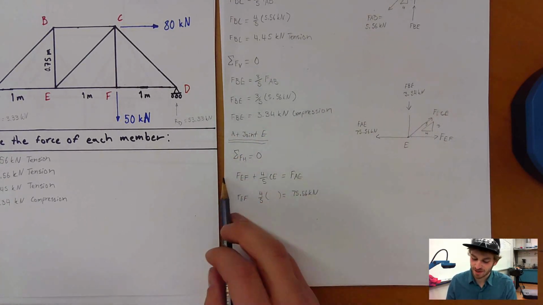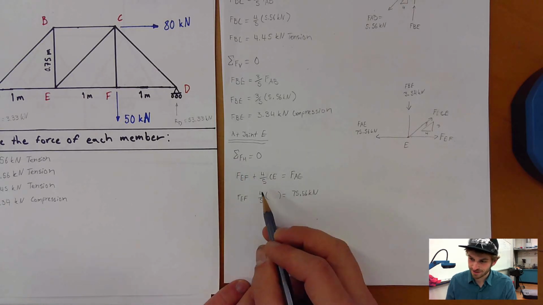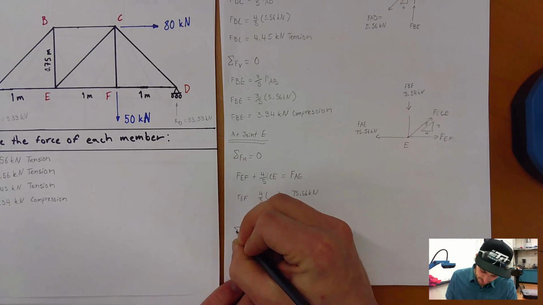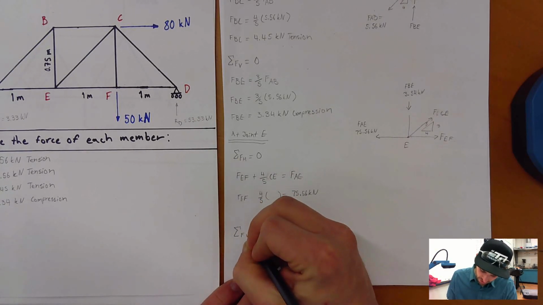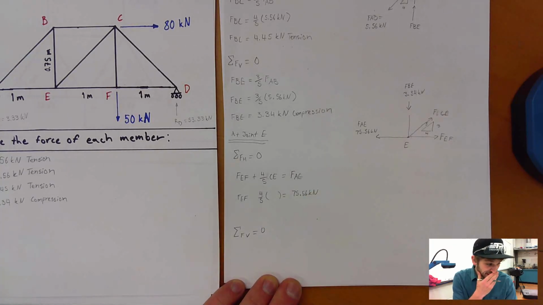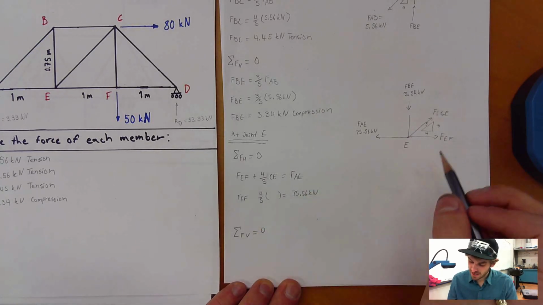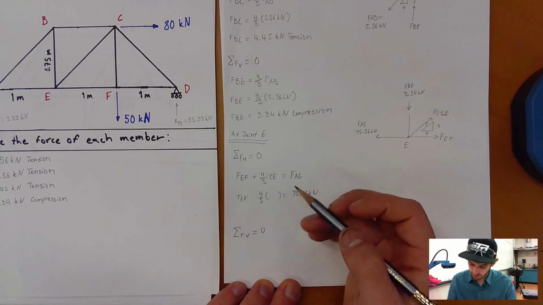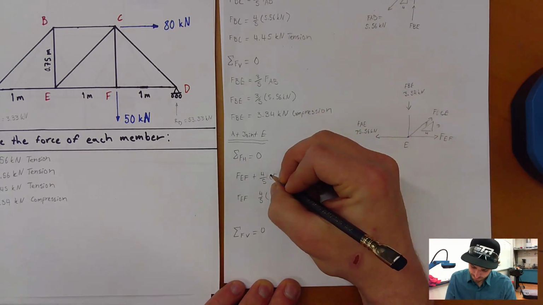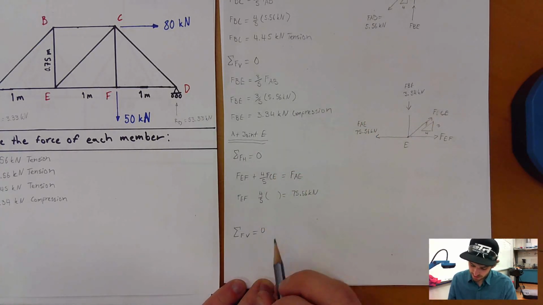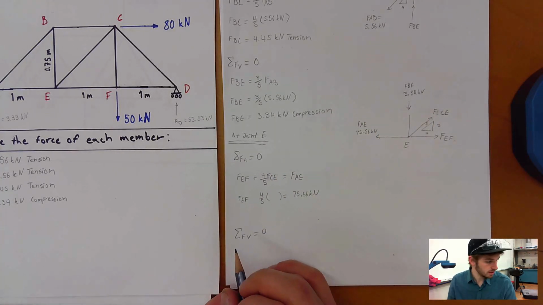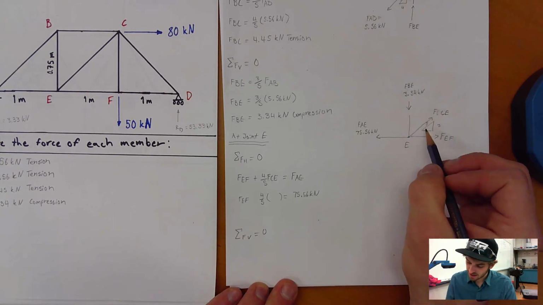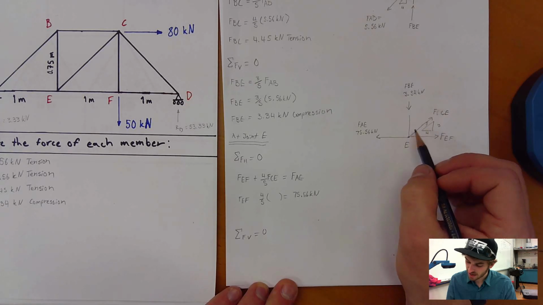Okay, so we have the sum of the forces in the horizontal direction. We're going to fill in this number in a second. But we need to figure out the sum of the forces in the vertical direction, which equals 0. FCE is what we're trying to figure out here. FCE is going to be 3/5. Yes.